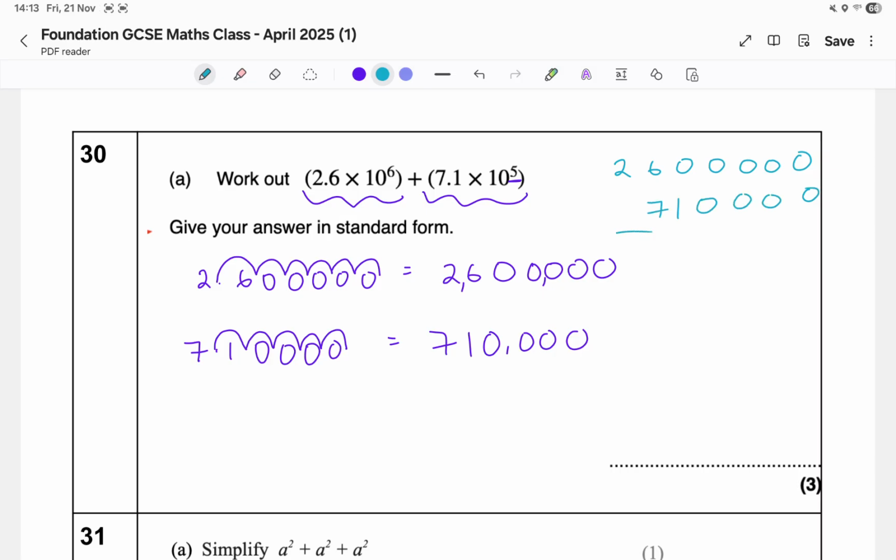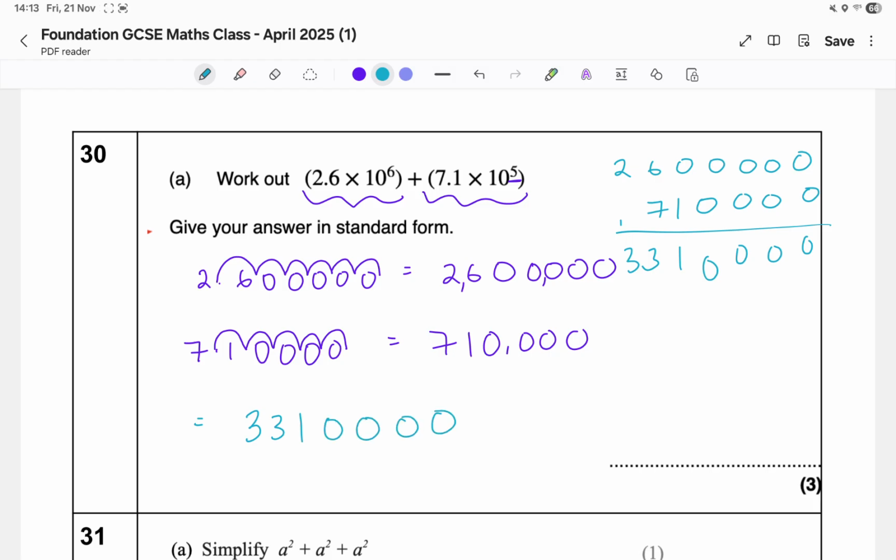So I'm just going to add them here. So 0, 0, 0, 0, 1 add 0 is 1, 7 add 6 is 13. And I'm going to carry 1, 2 plus 1 is 3. So I've got 3, 3, 1, 0, 0, 0, 0.